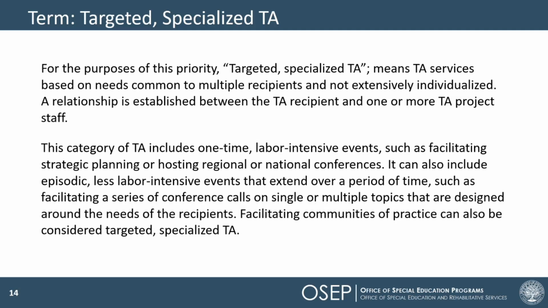This category of TA includes one-time, labor-intensive events such as facilitating strategic planning or hosting regional or national conferences. It can also include episodic, less labor-intensive events that extend over a period of time, such as facilitating a series of conference calls on single or multiple topics that are designed around the needs of the recipients. Facilitating communities of practice can also be considered targeted specialized TA.